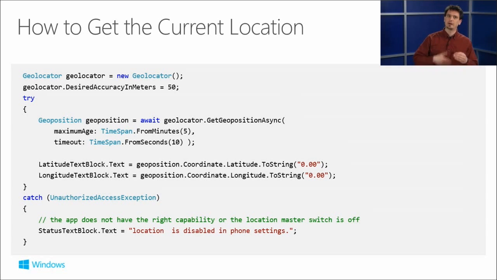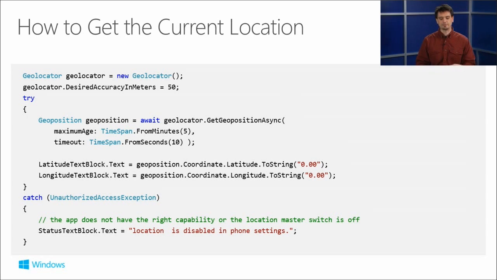It's an async call, so we're not holding up the UI while we're trying to get that geolocation. We give it a maximum age, which basically says if we've gotten our geolocation in the last 5 minutes, maybe we've got a cached geolocation somewhere, then just use that one. And then a timeout, a time span in seconds, says try to get this geolocation, and if you can't get it in 10 seconds, give up.